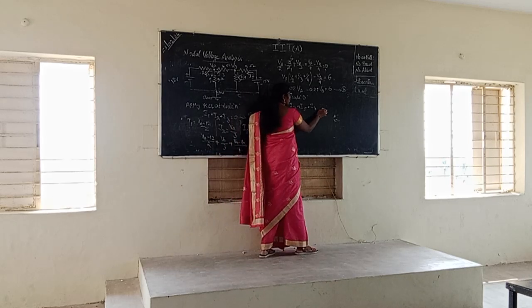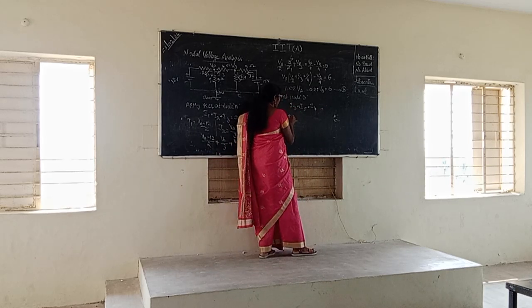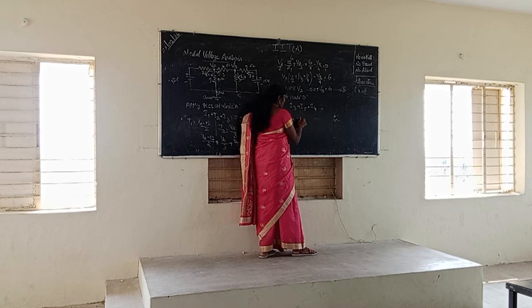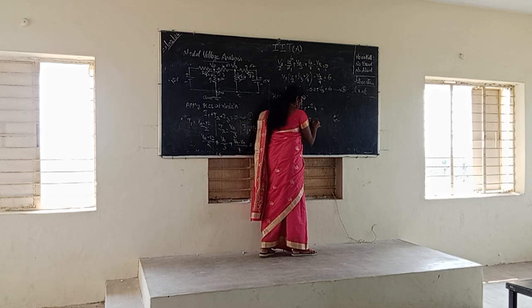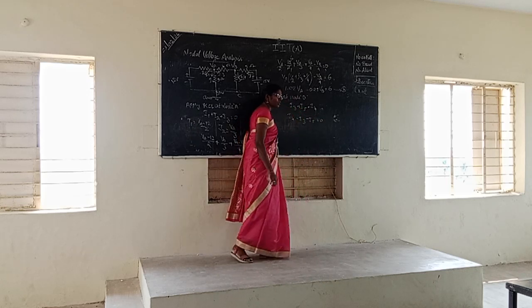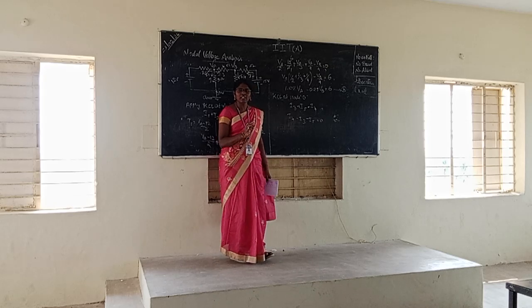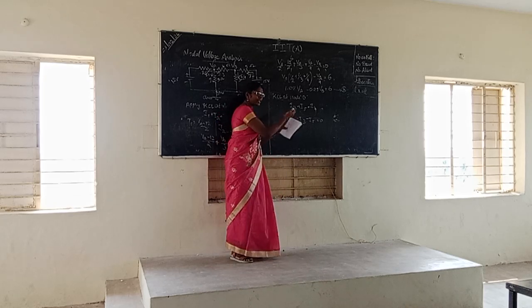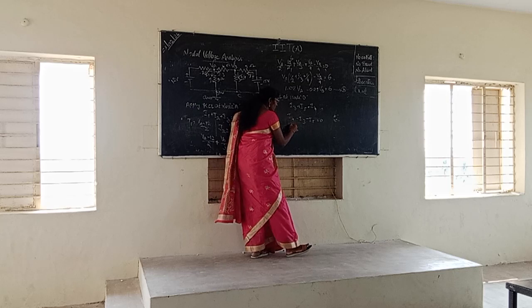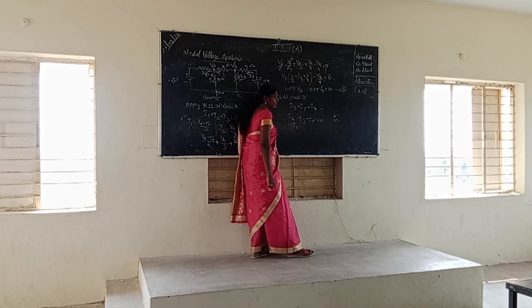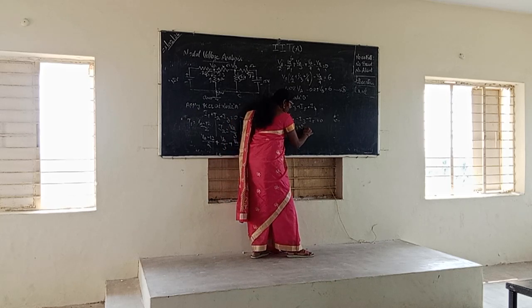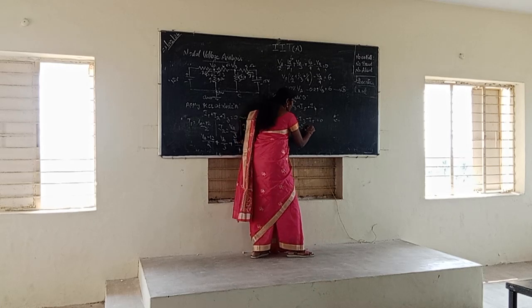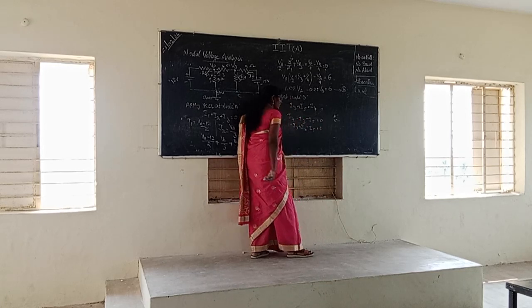Shall I take all this to the right-hand side? It becomes I4 minus I3 minus I5 equal to 0. It will be easy if it is in order, so write I3 first: minus I3 plus I4 minus I5 equal to 0.